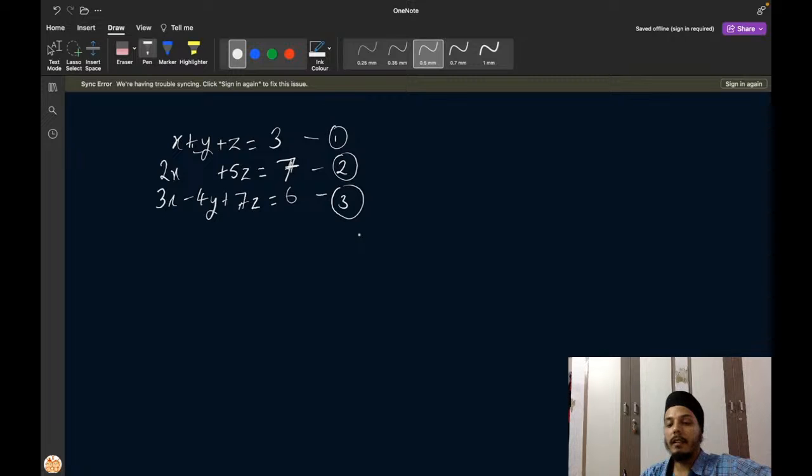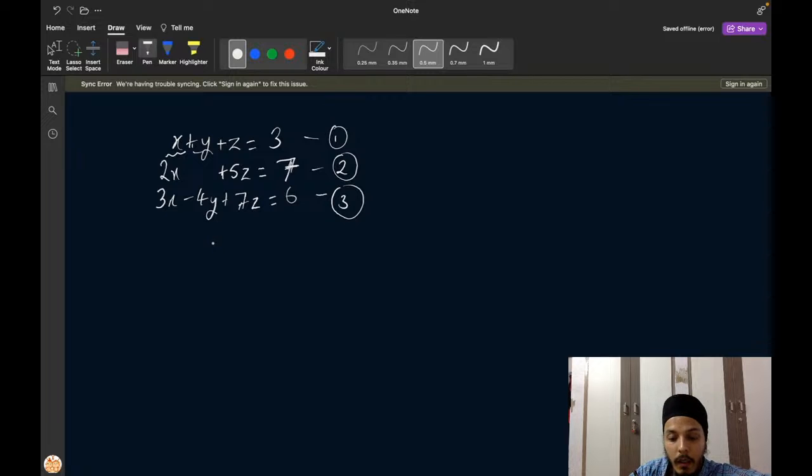So these are our three equations. In Gaussian elimination, we take a variable, let us say this variable is x, and then we remove it from equations 2 and 3. Similarly, we will take the variable y from here, and then remove it from our third equation. We will get more clarity as we move ahead.